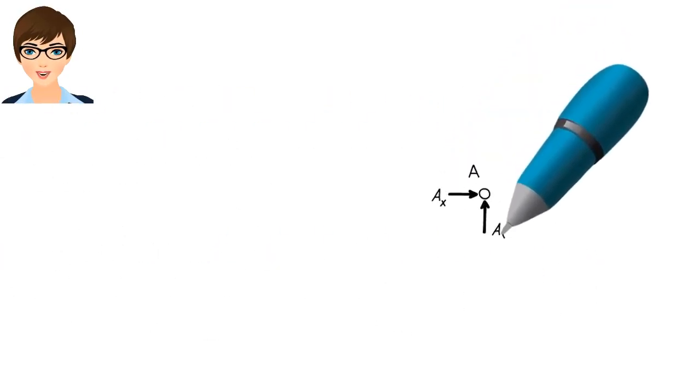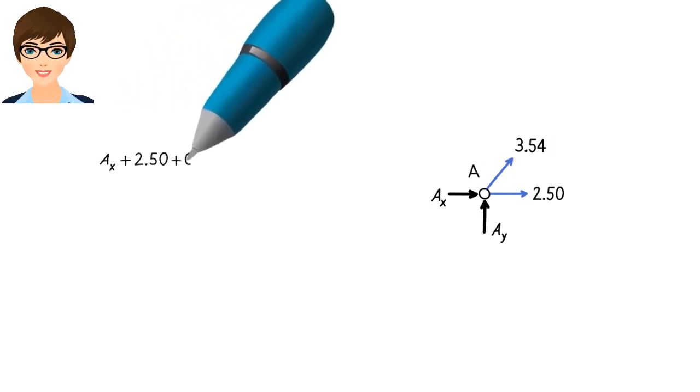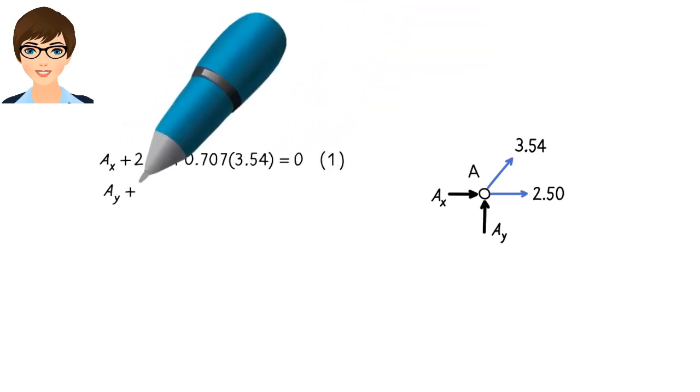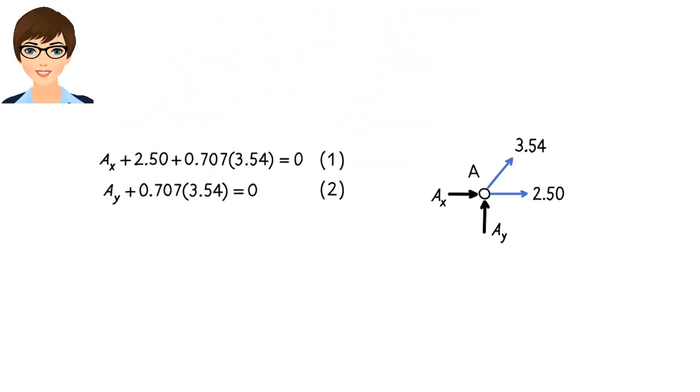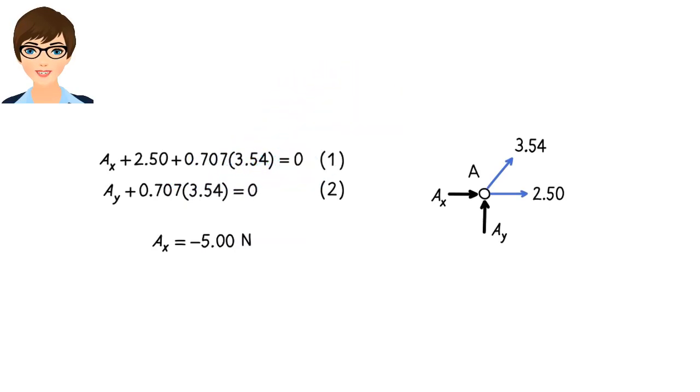We only have one more joint remaining, joint A. The free body diagram for the joint looks like this. There are only two unknown forces remaining, AX and AY. They can be determined using equations 1 and 2. AX equals negative 5 newtons.